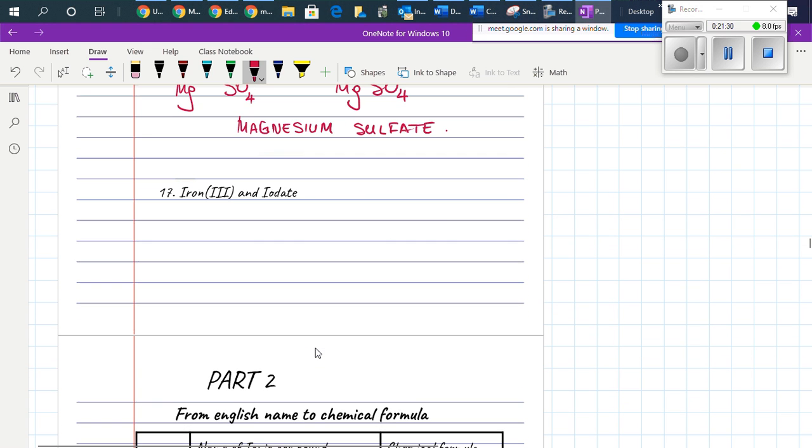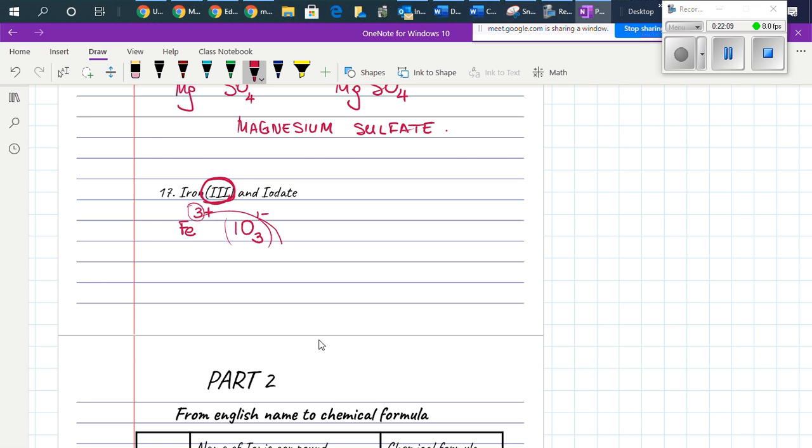Even when we have a polyatomic and a multivalent metal, we just state what is the valence of the metal. So in the case when we have an iron 3, then it will be iron 3 plus, and iodate. Where is iodate here? Iodate is IO3 1 minus. So now, as I said, polyatomic acts as 1.